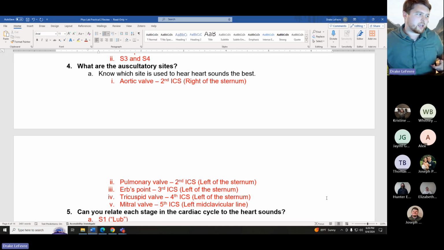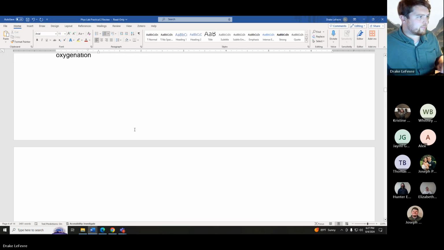Aortic, pulmonary, Erb's point is in the middle between those, and then tricuspid and mitral. It's always second intercostal space, third, fourth, fifth. So all politicians, skipping Erb's point, take money: aortic, pulmonary, tricuspid, mitral. Erb's point is the extra one.